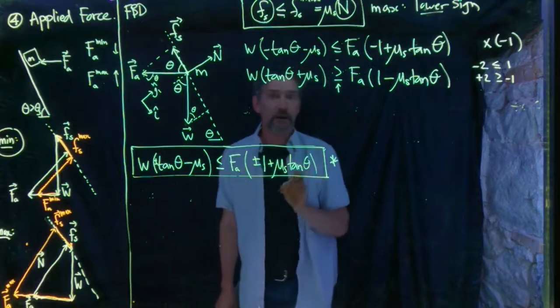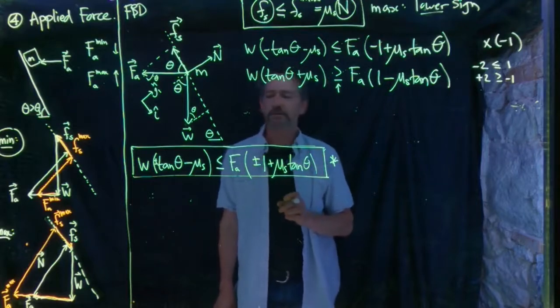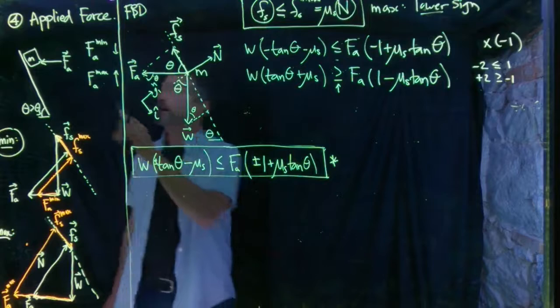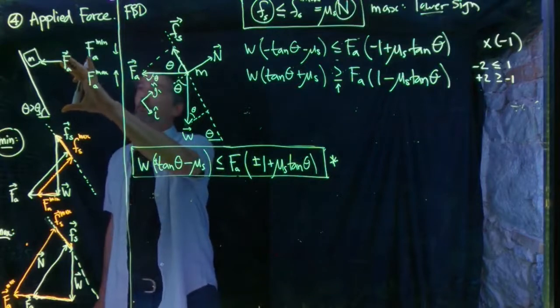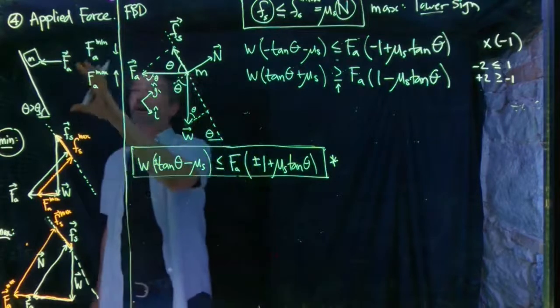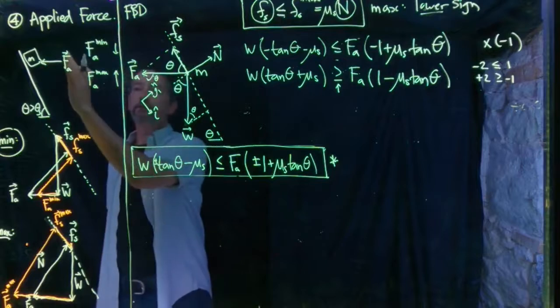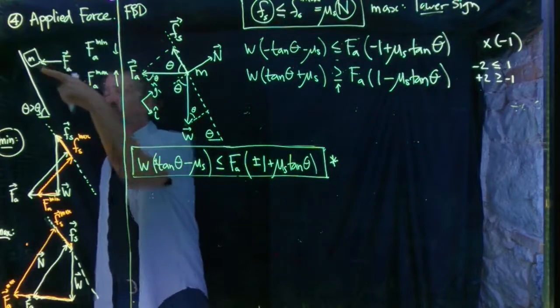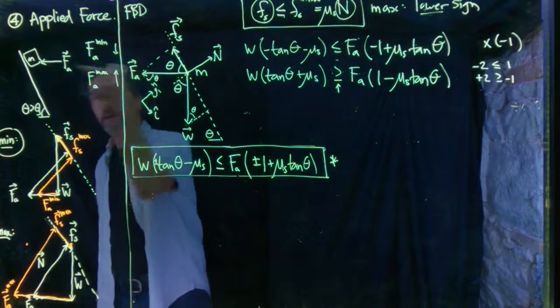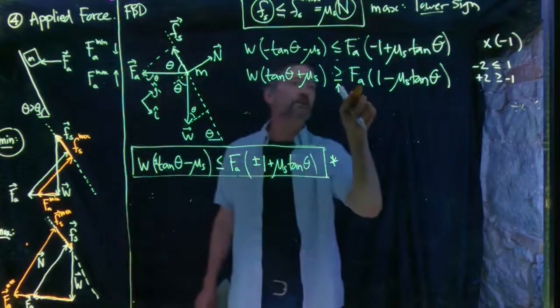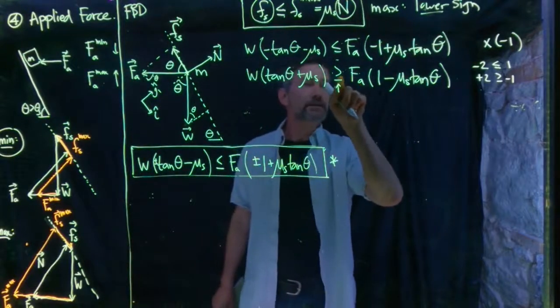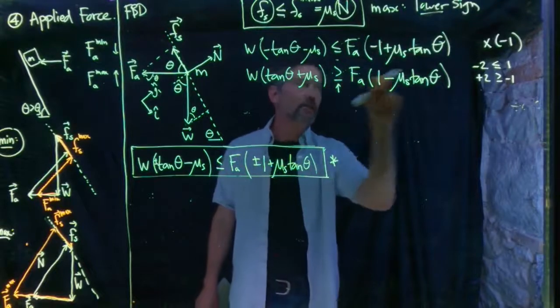And then you look at that and you say, well, that makes sense, because in the minimum problem, we wanted an equation that said the applied force is greater than or equal to something. Now, in the maximum problem, we want to say the applied force is less than or equal to something. So here the applied force is less than or equal to this junk divided by that junk.